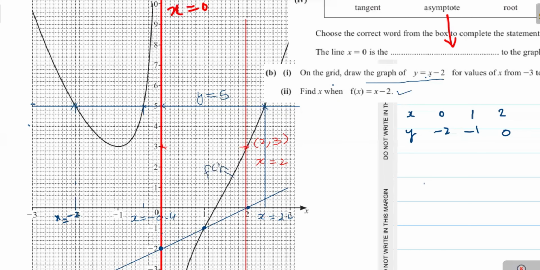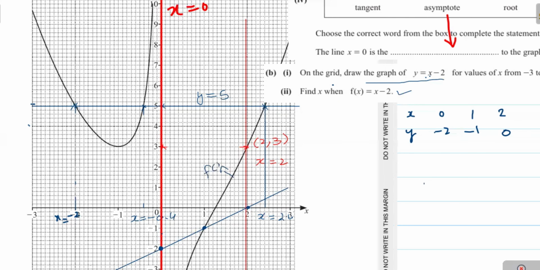Part C, f of x equal to x square minus c over x. Use your graph to show c equal to 2. Look here, the equation is x minus 2 equal to x square minus c over x. This is the position where this line intersects the graph. At this position, x equal to 1.